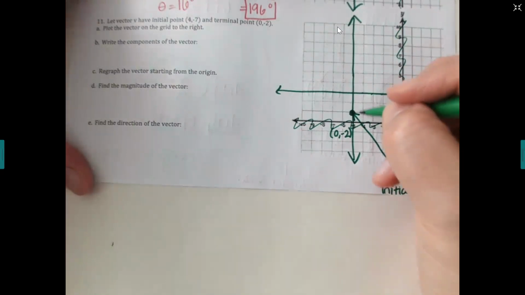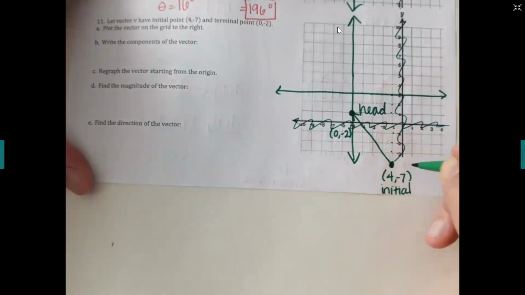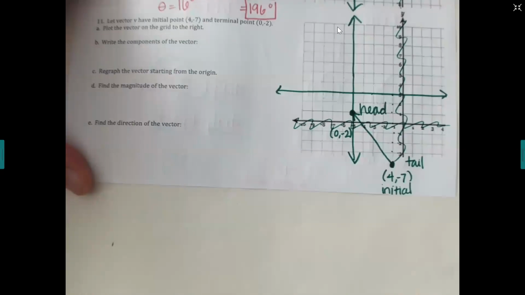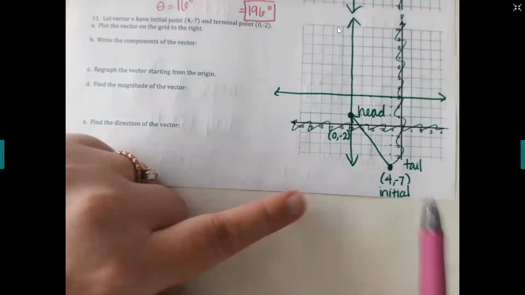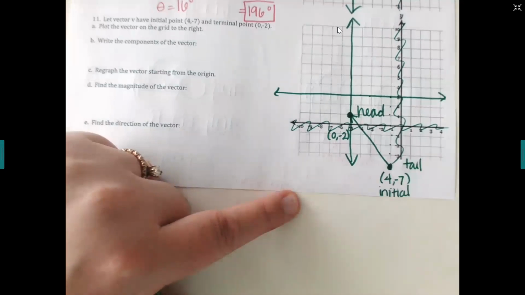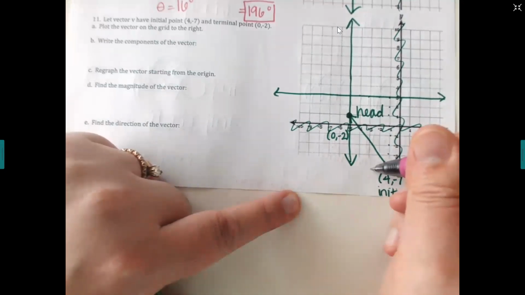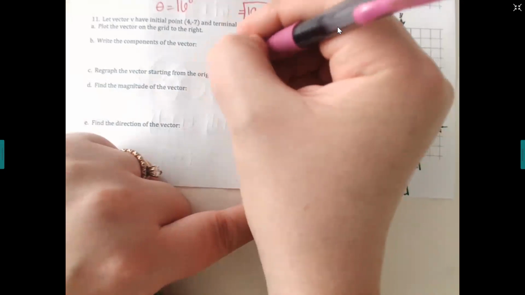Also, remember, this is called the head. This is called the tail. Okay, so from there, what would be the components of that vector? Just count out the x and the y, starting here and ending here. 1, 2, 3, 4 is correct. 5.